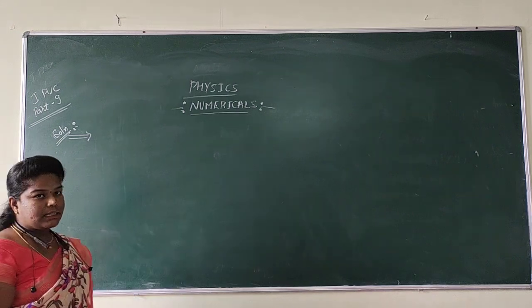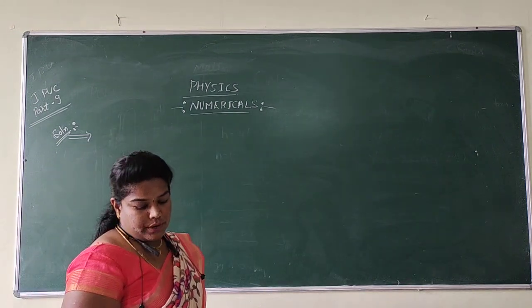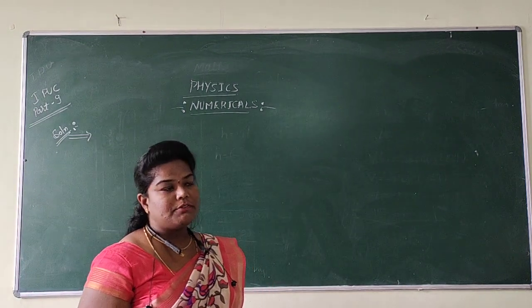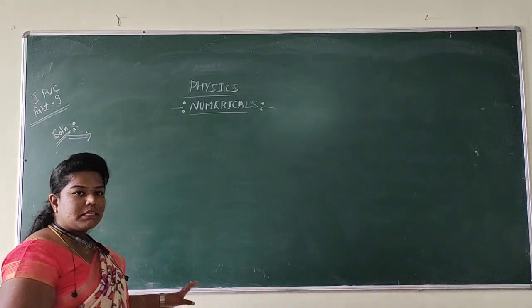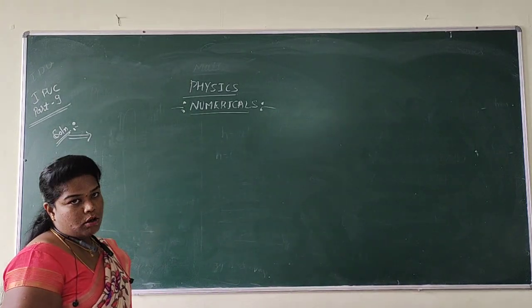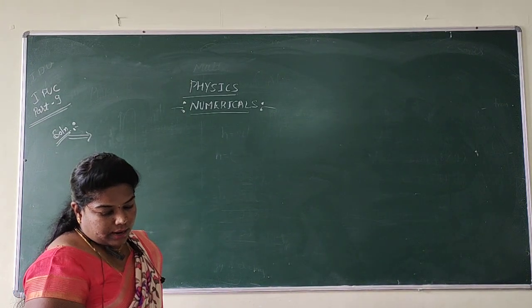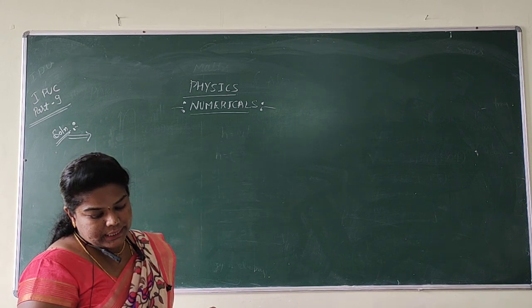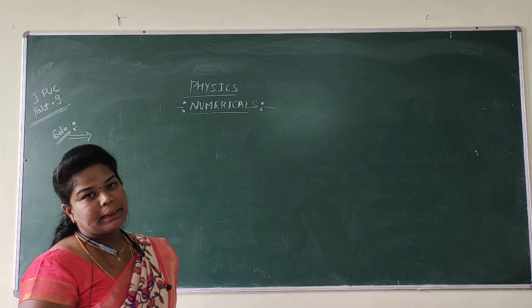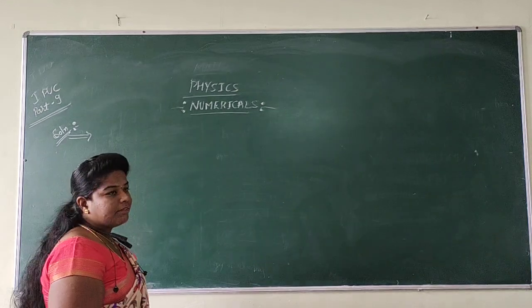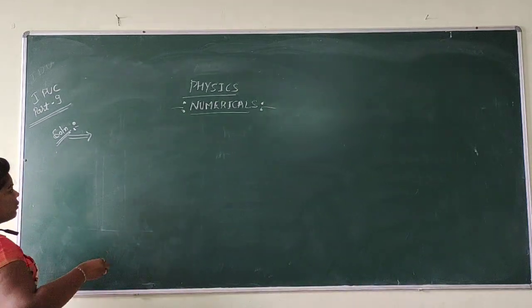So, hope you all have written the question, my dear students. With respect to the question, we should draw the diagram first, so that we will get the idea how to solve the answer. Rain is falling vertically with a speed of 30 meters per second. What is given? The rain is falling vertically.